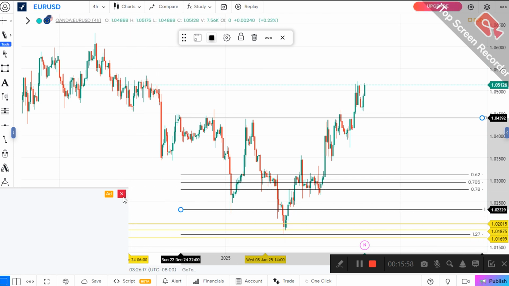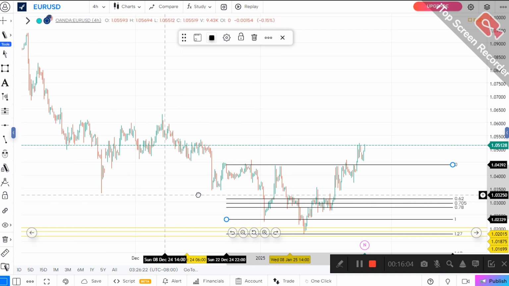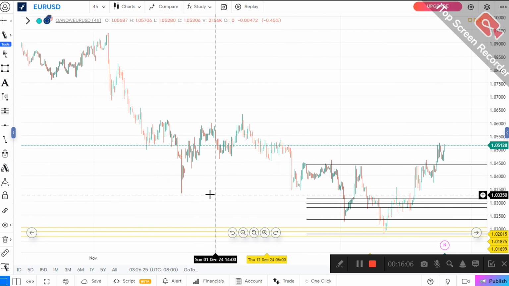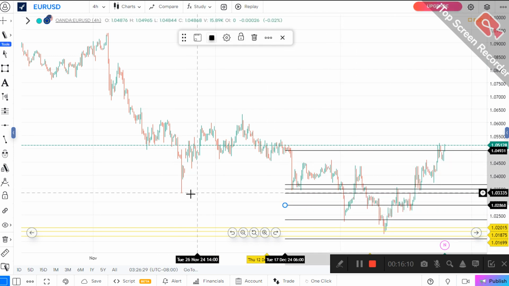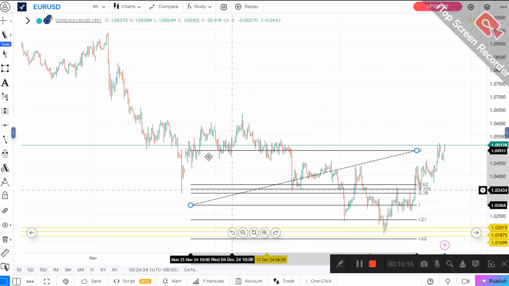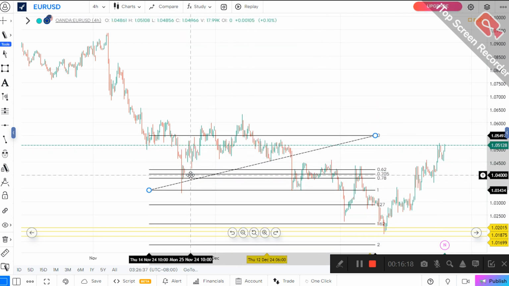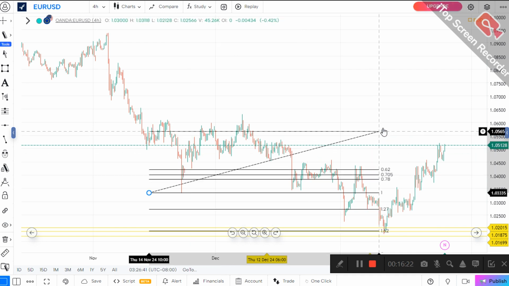The next line which we will draw. When we go more to this, this is the biggest move. This is the biggest move from that high to that low. I think that will work. Try to find the biggest move.